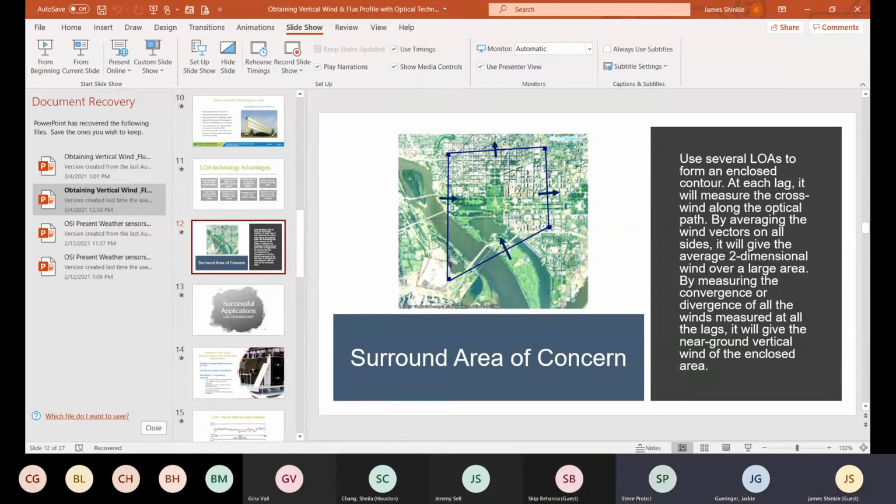Still slide 12. Do you see this one right here? You know what? I think I know what's going on. I think it's the specific window you shared, maybe.